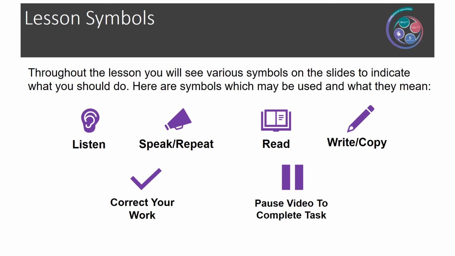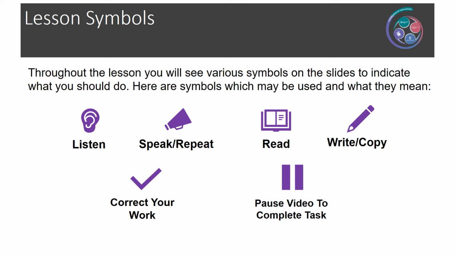There are certain lesson symbols that you'll see throughout the lesson. Throughout the lesson, you will see various symbols on the slides to indicate what you should do. Here are symbols which may be used and what they mean: listen, speak and repeat, read, write and copy, correct your work, and pause the video to complete the task.